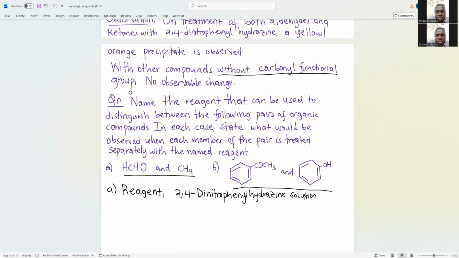Now, applying that reagent, methanal shows nothing. No, sorry. Methanal is made up of the carbonyl functional group, so we shall have a positive test.